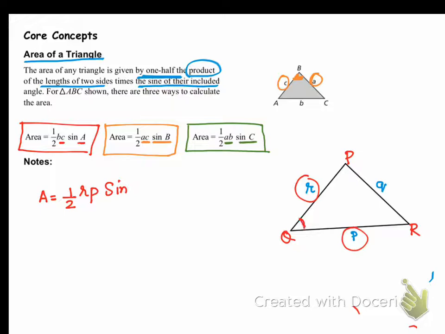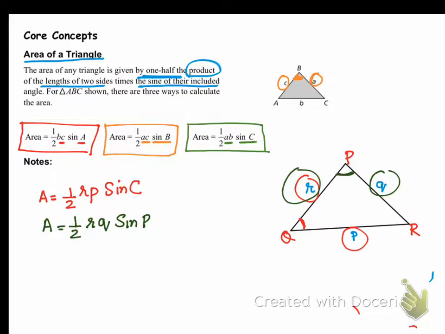It is this one, sine C. If I'm picking another pair, suppose r and q, my area formula is half r times q. But which angle am I going to take? I take this included angle, sine P.